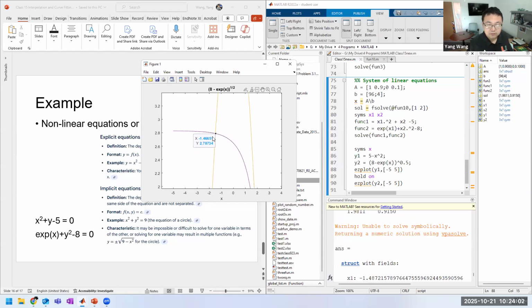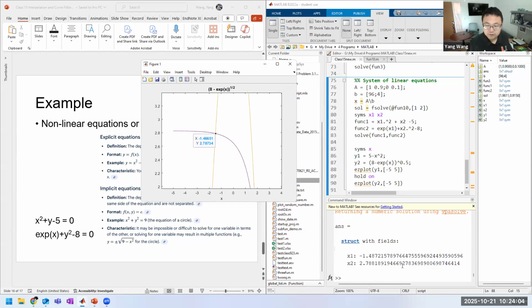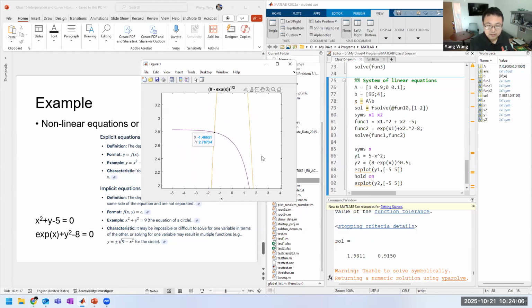This is one root, right? So minus 4 point something, and then the other root is x equals 1.8, which is close to 2, right? And y is 0.9. It's probably somewhere here, although it's not very close to each other. Okay, so under this situation, I think it's also limited by the error of the fsolve function.